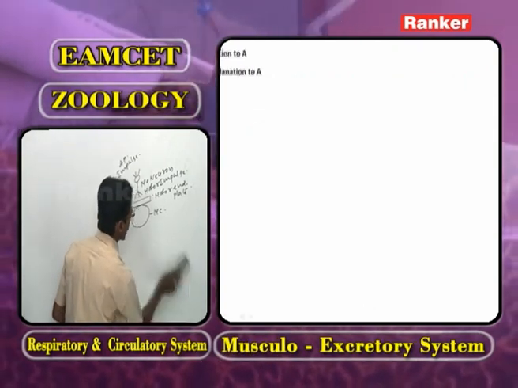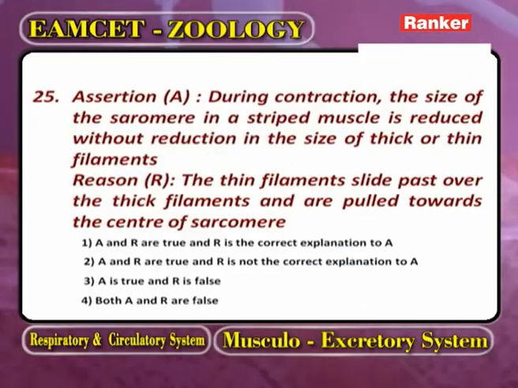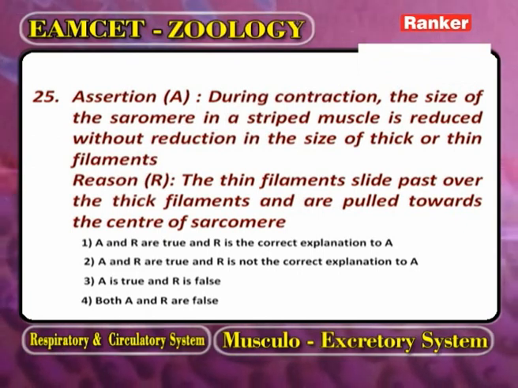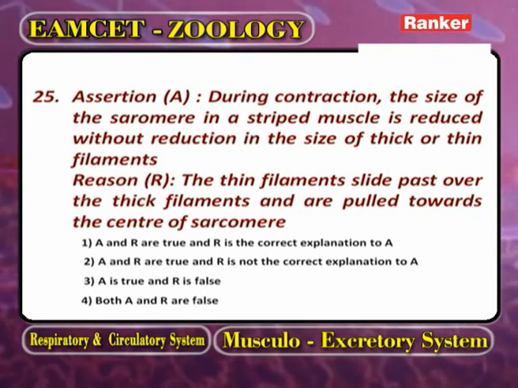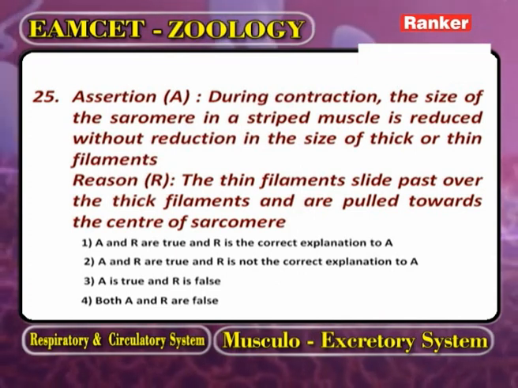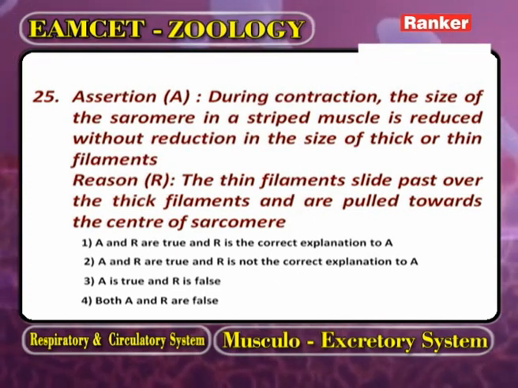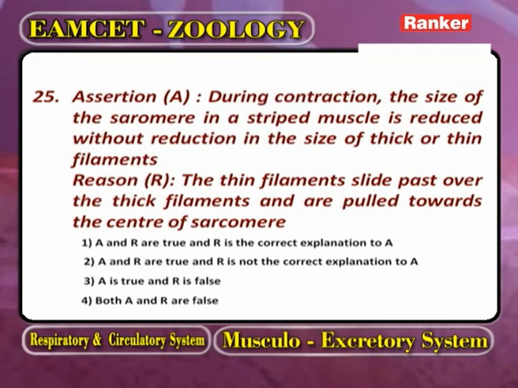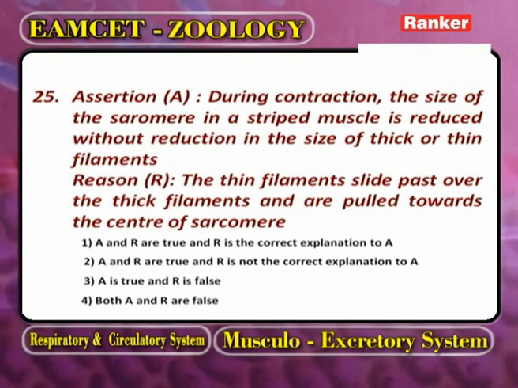Now we go for the next question. Assertion: during contraction, the size of sarcomere in a striated muscle is reduced without reduction in the size of thick or thin filaments.